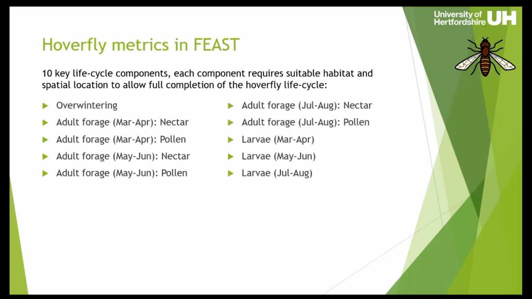So we go through overwintering, and we're looking at adult forage at 3 key times of the year, so early spring, late spring, early summer, and then during the summer itself. And again, provision of suitable forage for the larvae. So you need these 10 components in order for this particular group of individuals to complete their life cycle throughout the season. So it's a little bit more complicated than the previous example. Okay, next slide, please, John.